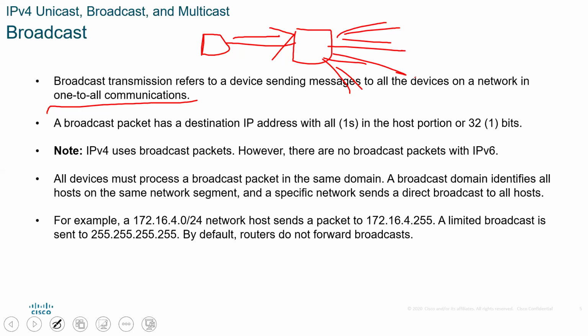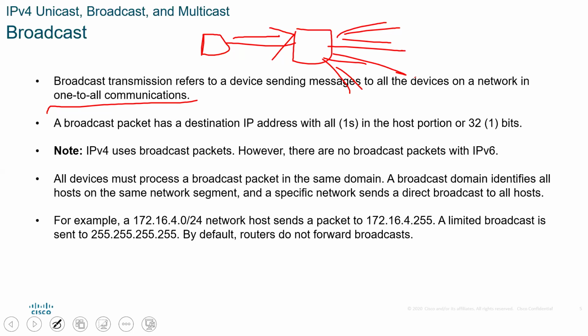All right. So a broadcast domain identifies all the hosts in the same network segment, and a specific network sends a direct broadcast to all hosts. So a domain is like a family name. All the people in that particular family will get that particular information. Right.